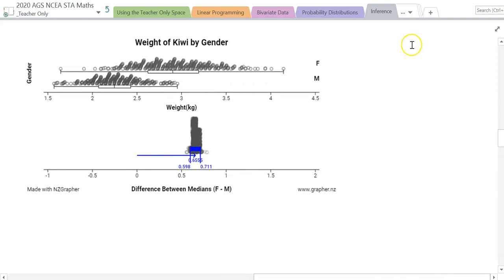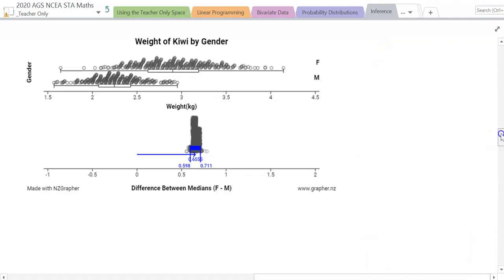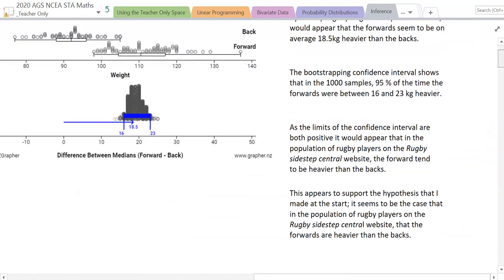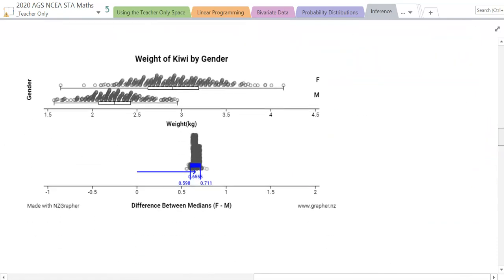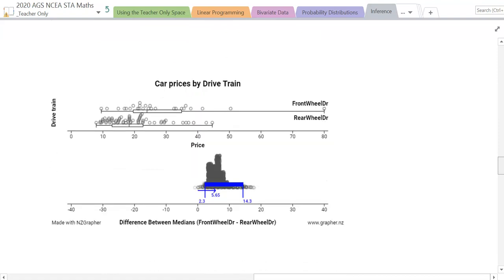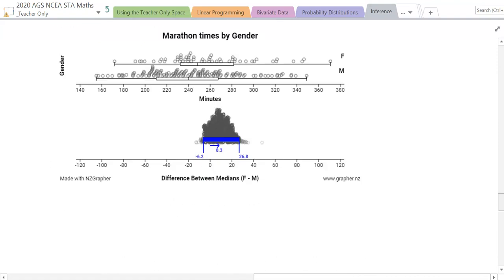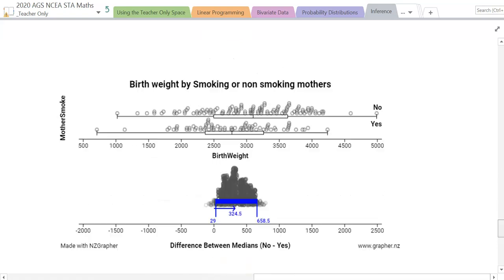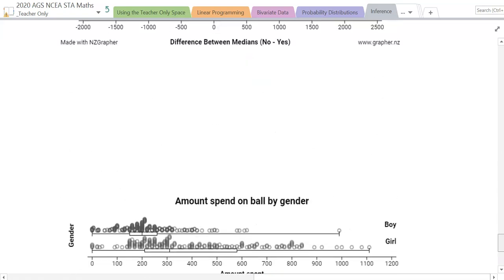And on the side of that over here, I would like you to write up a description of your bootstrapping confidence interval process, like I've done over here. I've given you 2 examples up over here. I'd like you to do the same thing for the Kiwi, for the car prices, for the marathon times, for the birth weights, and for the amount spent on ball.